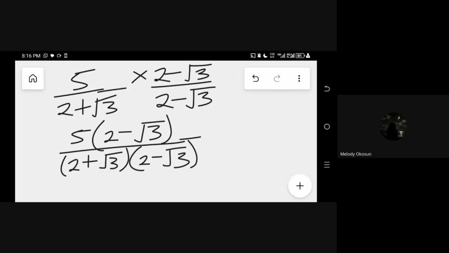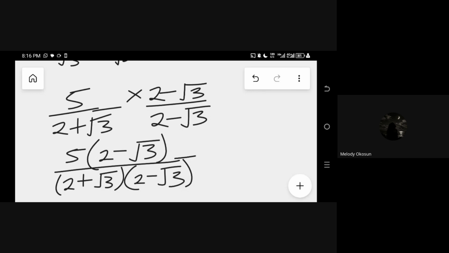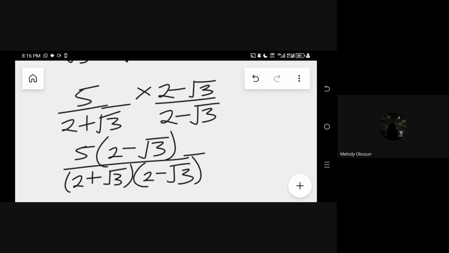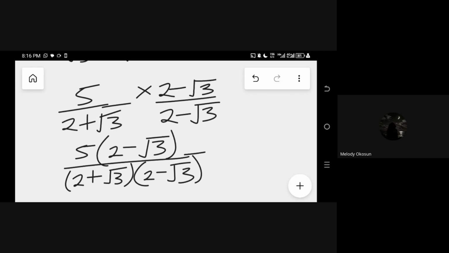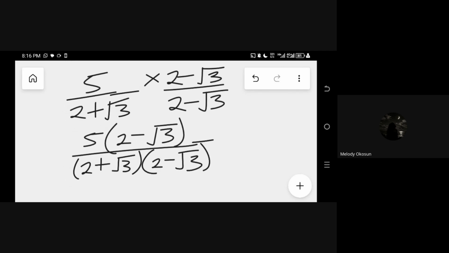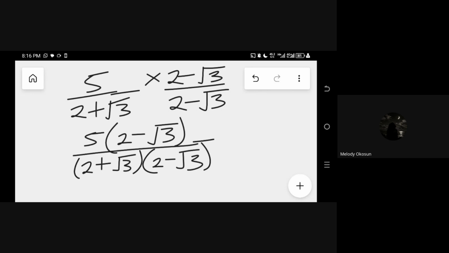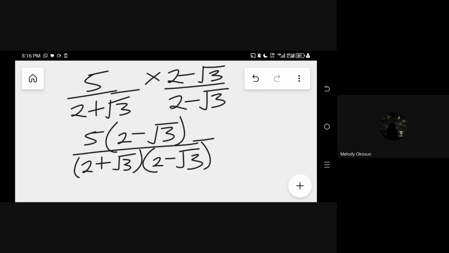At the top, we have 5 times 2 minus root 3, that's 5 bracket 2 minus root 3. Then at the bottom, we have 2 plus root 3 in one bracket, multiplying 2 minus root 3 in the other bracket.